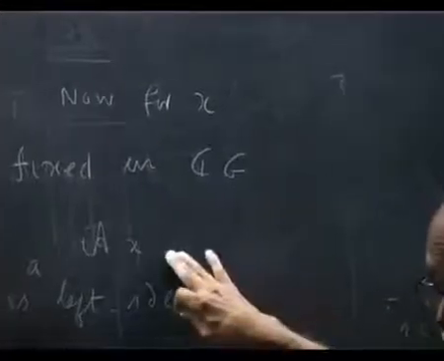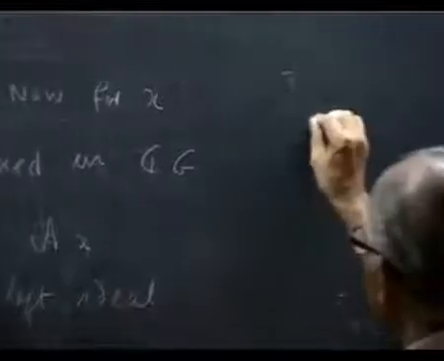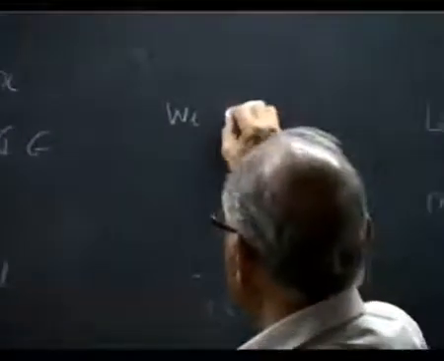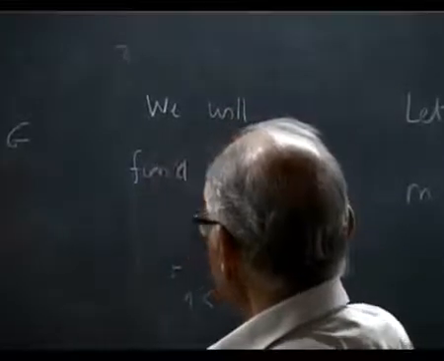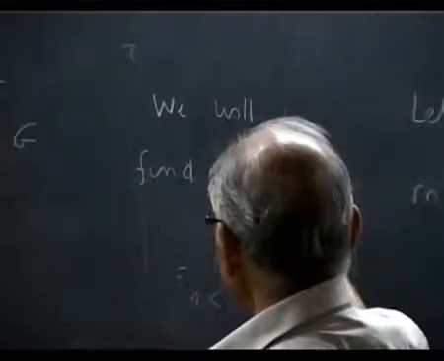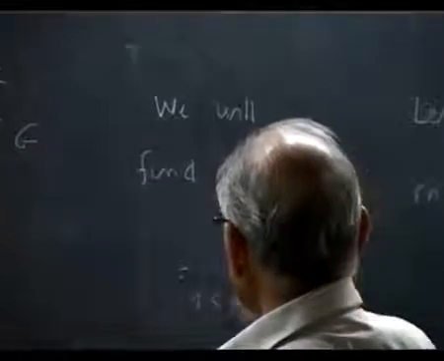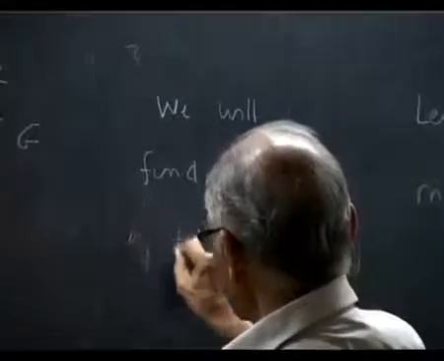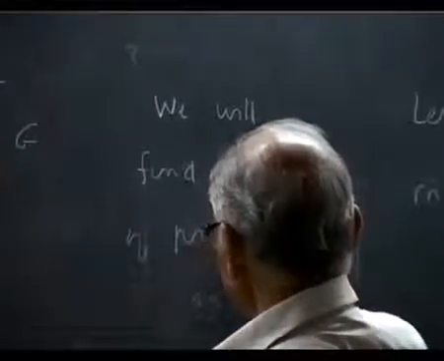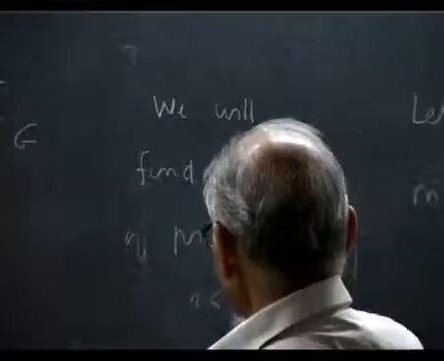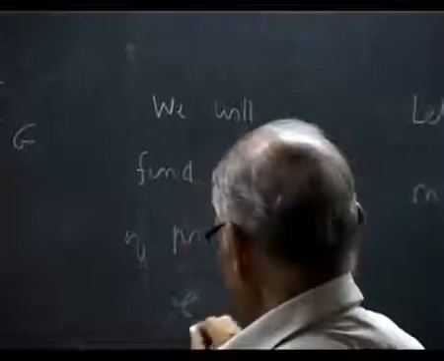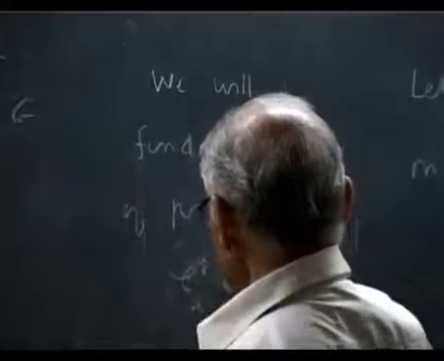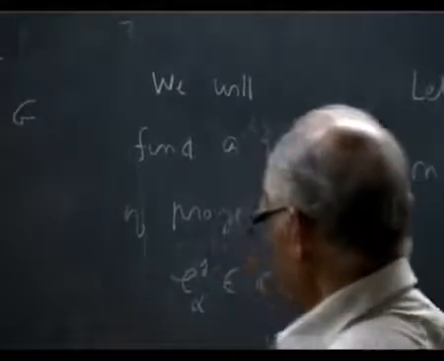The whole idea here is, we will find a family of projectors, let me call it E alpha j, in the algebra. What do I mean by projectors?